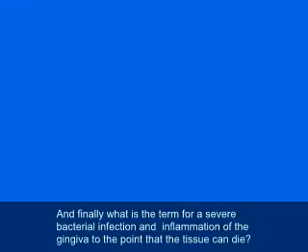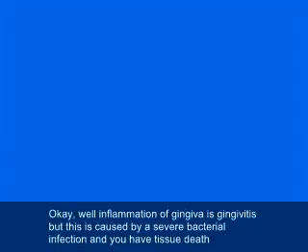And finally, what is the term for a severe bacterial infection and inflammation of the gingiva to the point that the tissue can die? Okay, well, inflammation of gingiva is gingivitis, but this is caused by a severe bacterial infection and we've got tissue death.